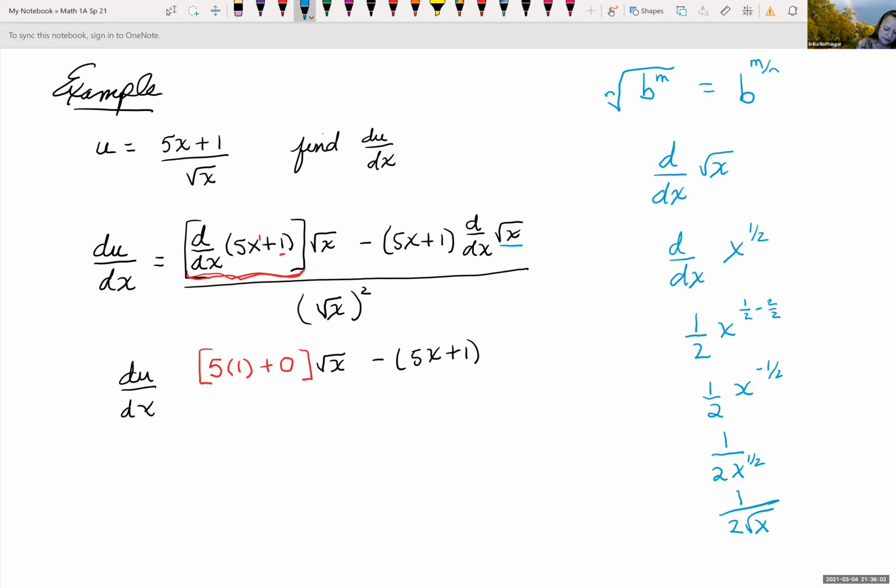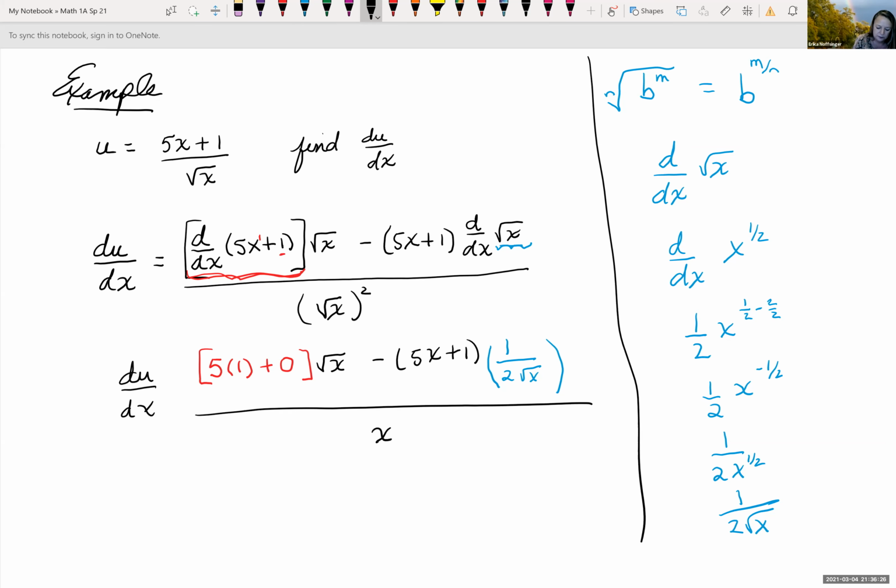So the derivative of this piece right here is 1/2 square roots of x, all over this denominator squared. Well, square root of x squared is just x. Okay, so we want to clean this up a little bit.